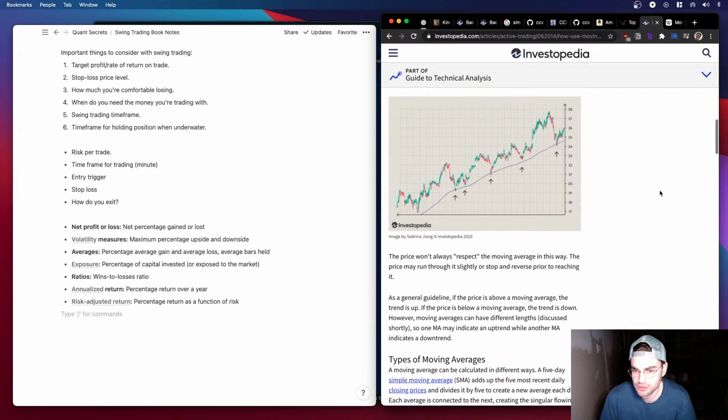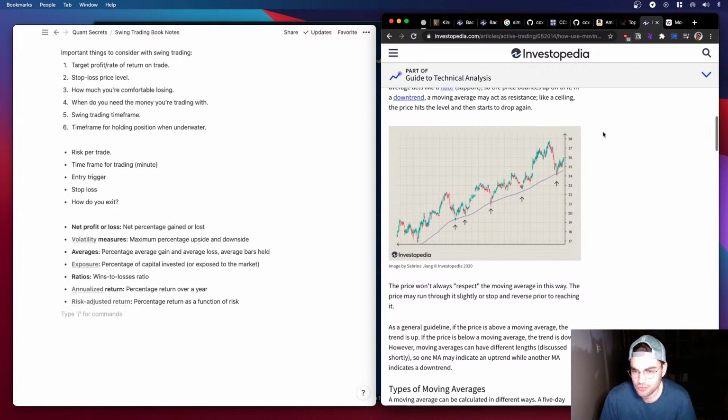Oh, interesting. So basically, when you calculate the moving average line, if it falls below the line, you would want to sell.